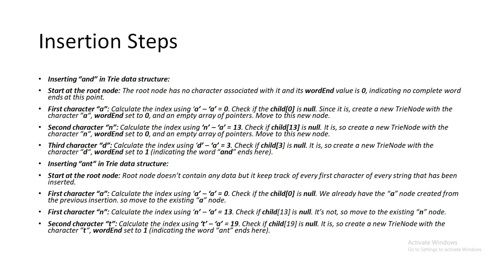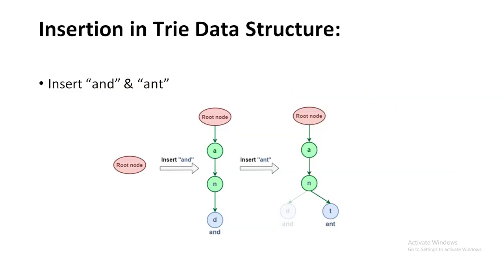Second character n means n minus a, that is a root node, which is 13. And d, everything is subtracted and calculated. For example, and: a and d, at the same time a is subtracted with the first one and n is subtracted, and d is not found here, so a new value t is added.